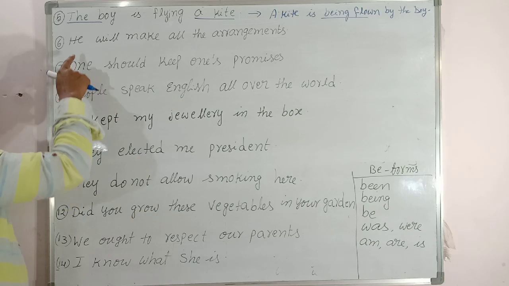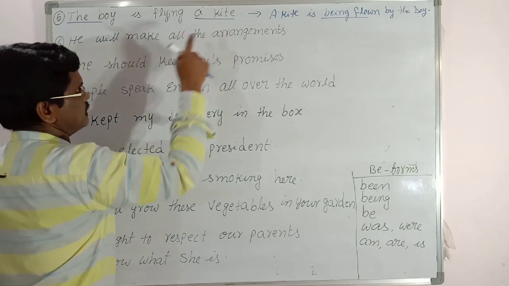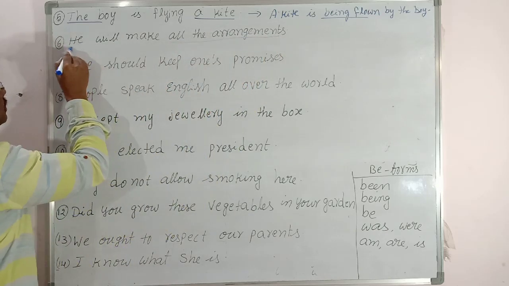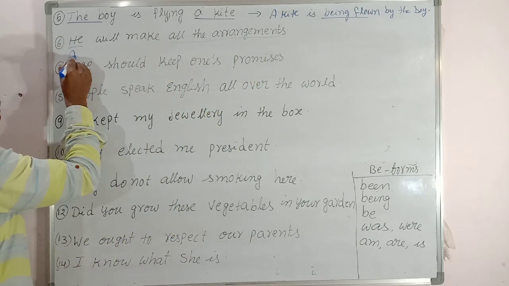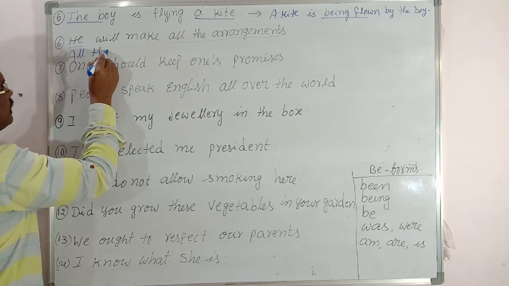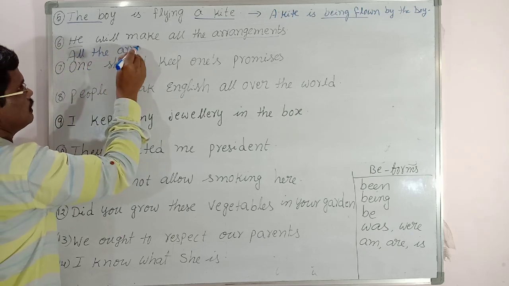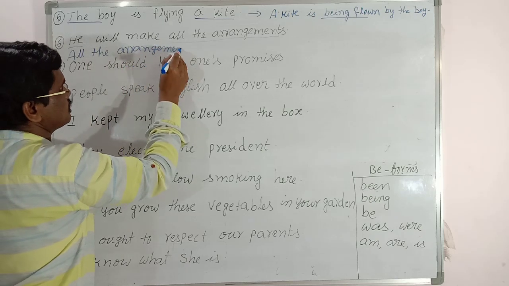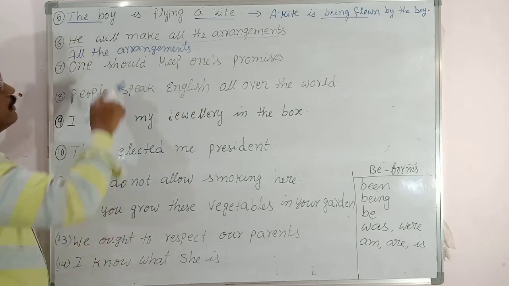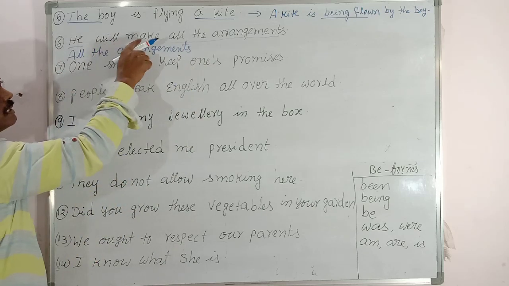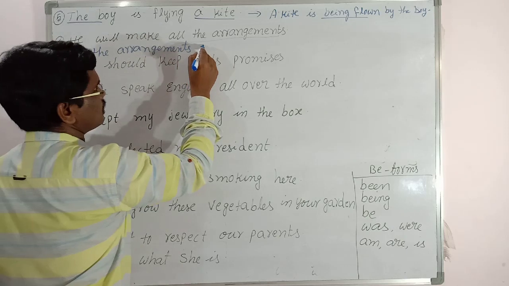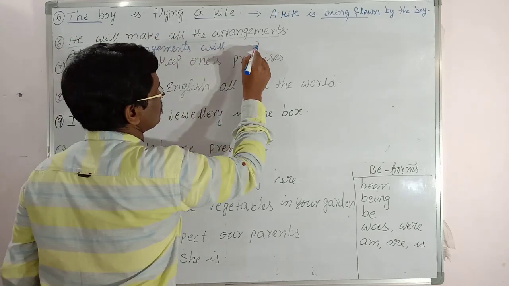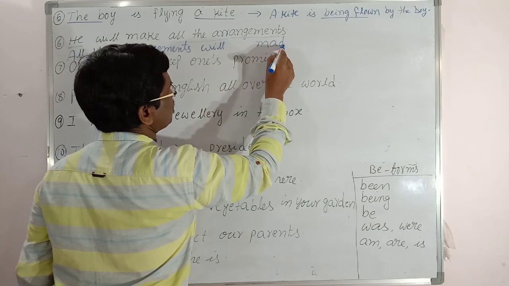Now let us see. He will make all arrangements. All the arrangements, object. He, subject. So the answer: all the arrangements. Will, this is a modal. This is verb 1. So the modal doesn't change. Verb 1 changes to verb 3, that is made.